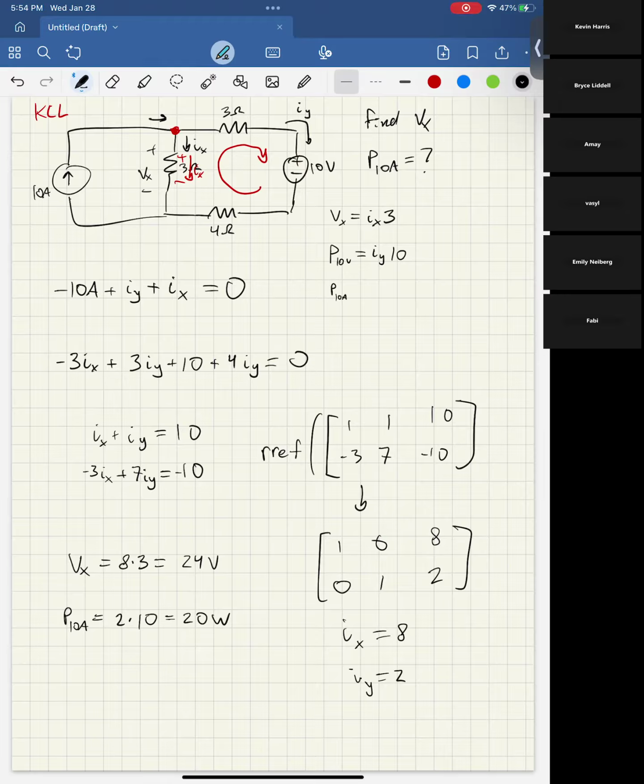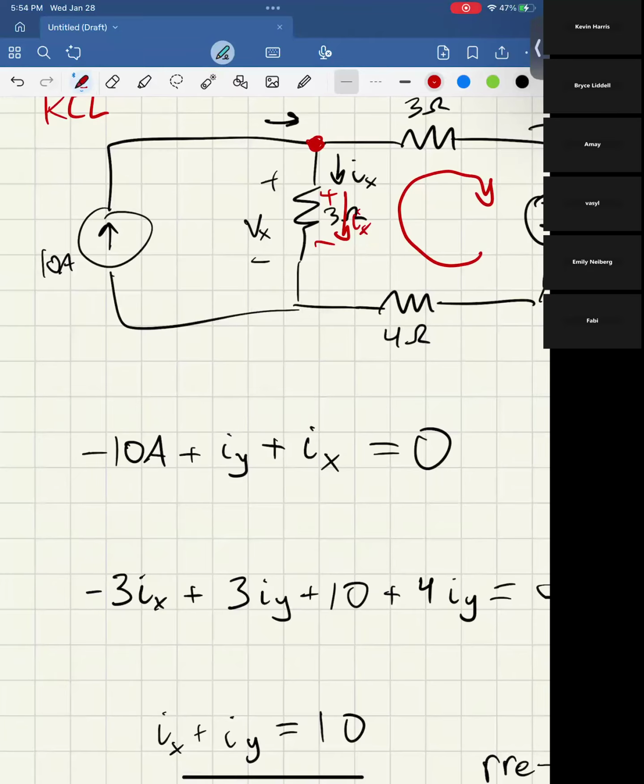Okay, then last but not least, let's think about what would be the power for the 10 amp source? So in this case, remember, P equals IV, and it's still the exact same case. We have our current source, and we have a voltage across it. So we have some kind of positive, negative. We actually don't know what direction it is, but we can pick, essentially. And if we get it wrong, then we'll get a negative number, and that tells us what we got. However, we've already very conveniently defined Vx.